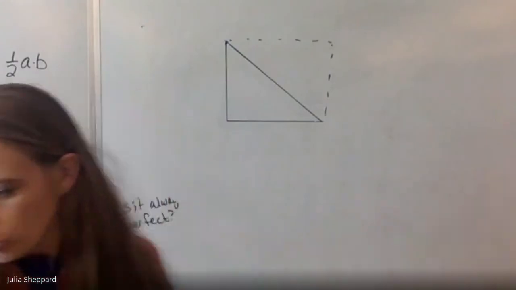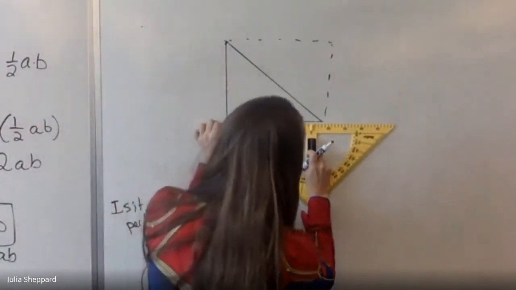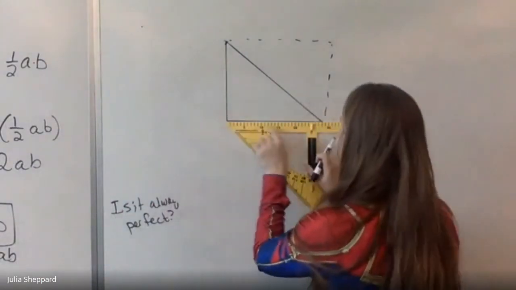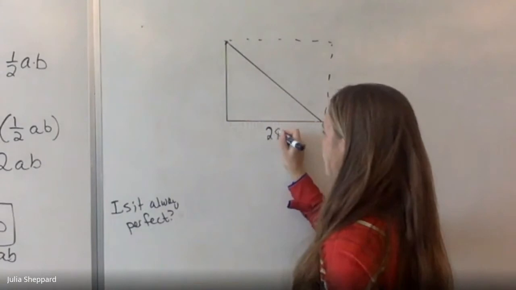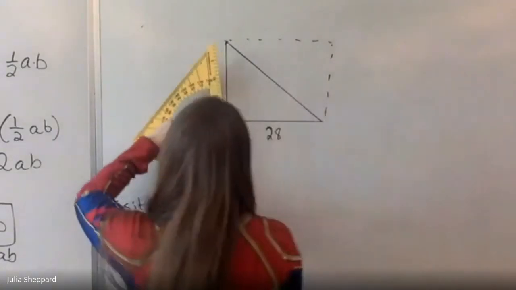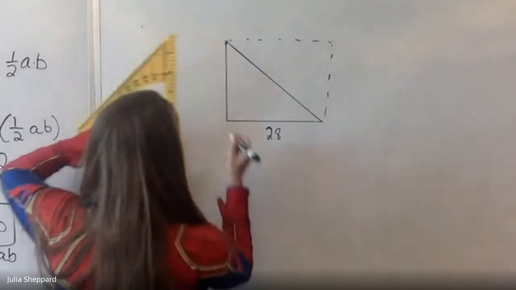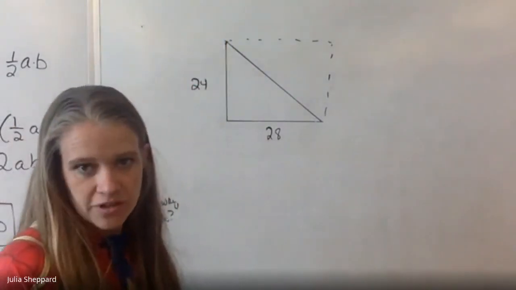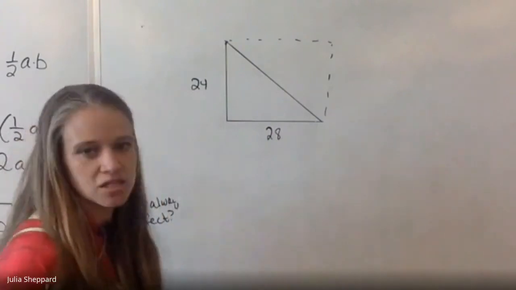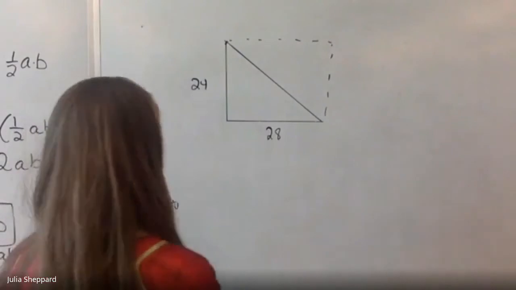So you would go to your room and you'd say, well, this looks like 28. And this is probably centimeters, but your room is probably feet. And this looks like 24. And so you'd say, well, how do I find the diagonal across? All right, so let's find it using the Pythagorean theorem first, and then we'll check it by measuring.